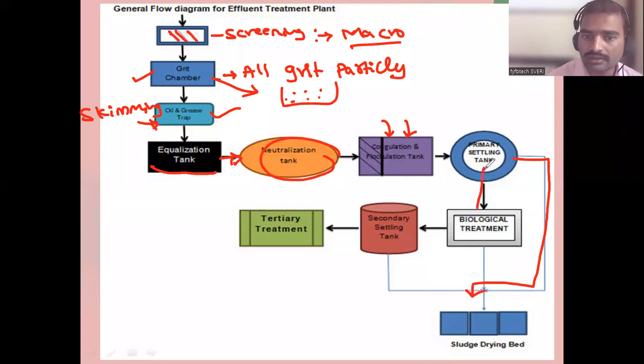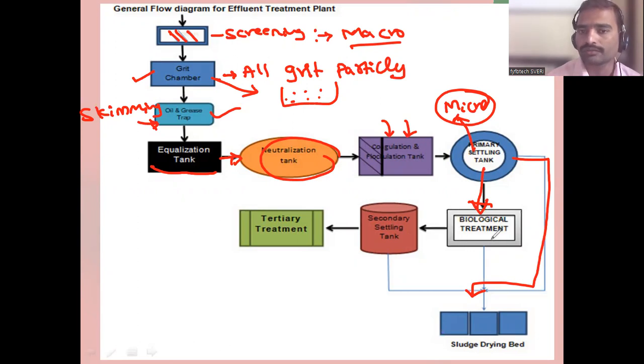Again, the wastewater is taken into the biological treatment. In the primary settling tank, all the microparticles are removed. In the secondary, biological treatment will be carried out.